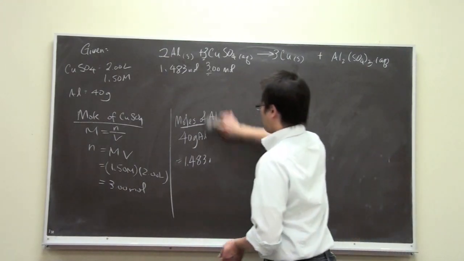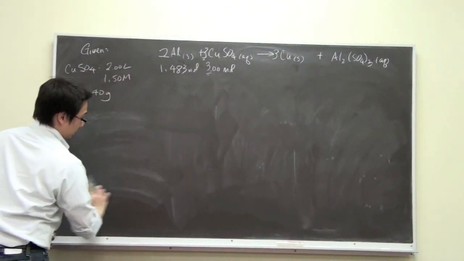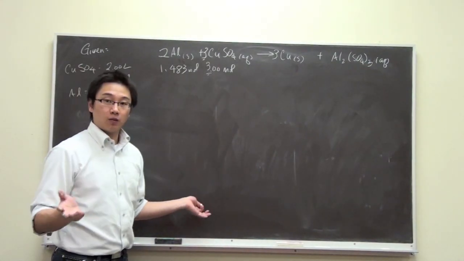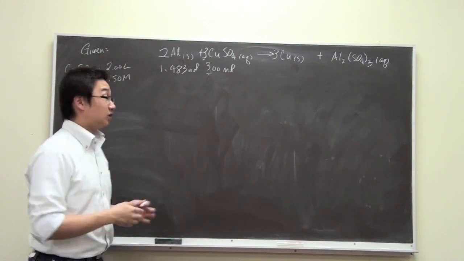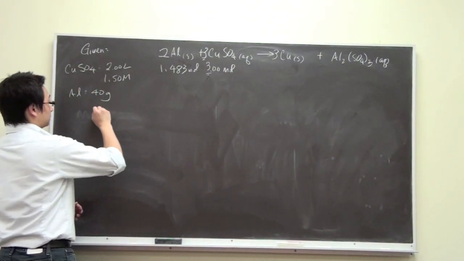So let me just erase this part so I have more room to work on the math. So since we have 2 numbers, we pick either one, and I'm going to pick this one. This is an easy number that I don't have to use my calculator to find out the limiting reactant.